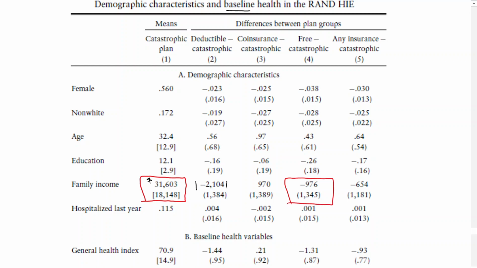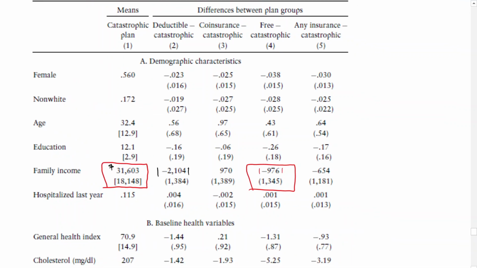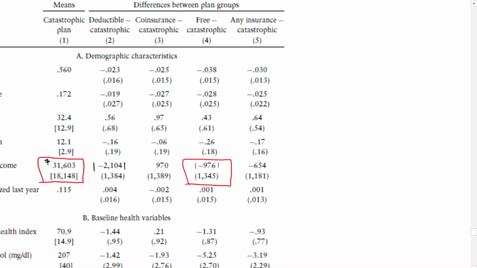The people with free health insurance have lower incomes in that randomized group, again, pre-treatment. But the absolute value of this difference is not greater than 2 times the standard error.